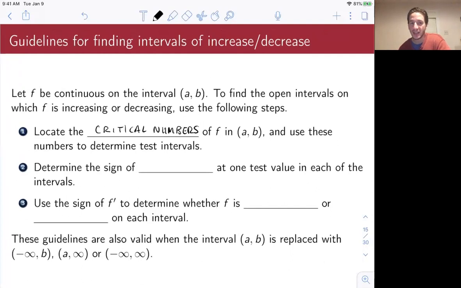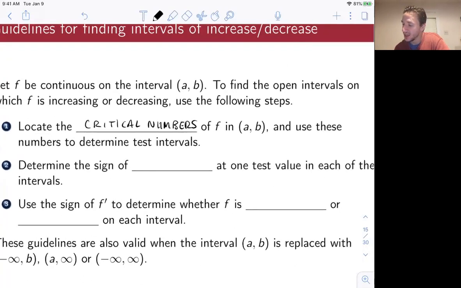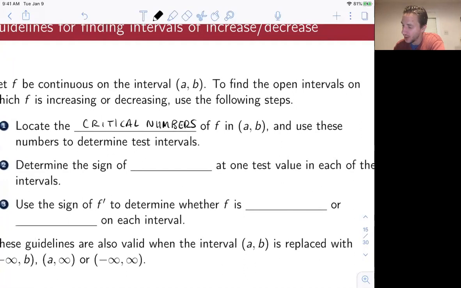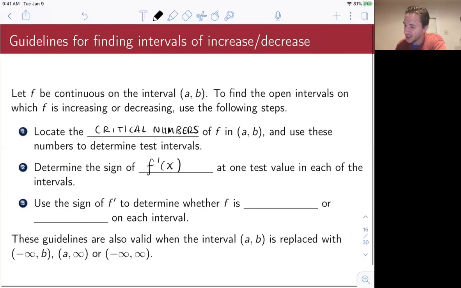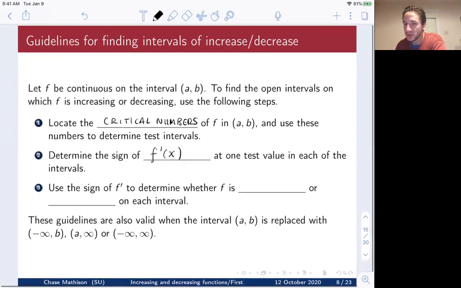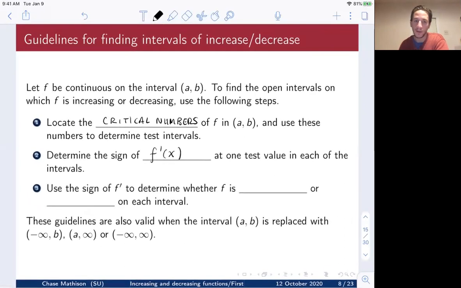Step 2, we're going to determine the sign of f prime of x at one test value in each of the intervals we find from step 1.